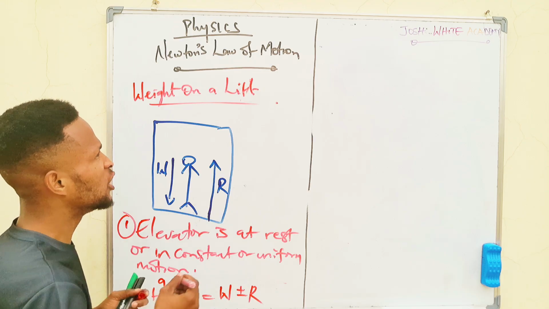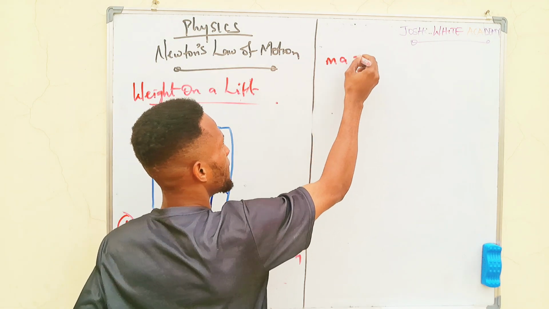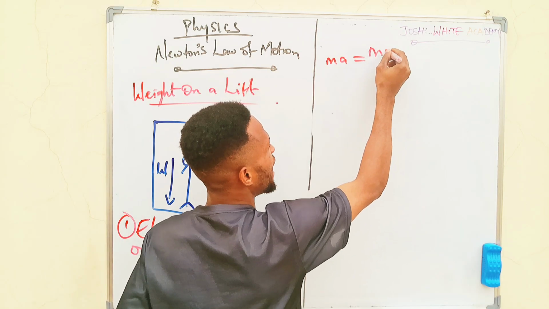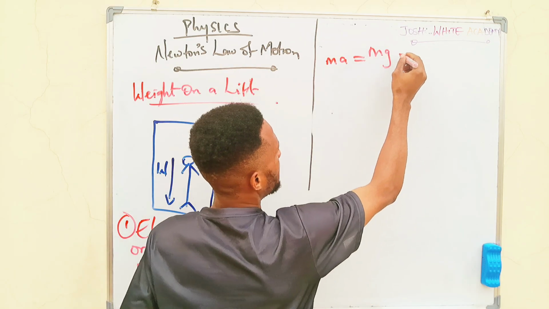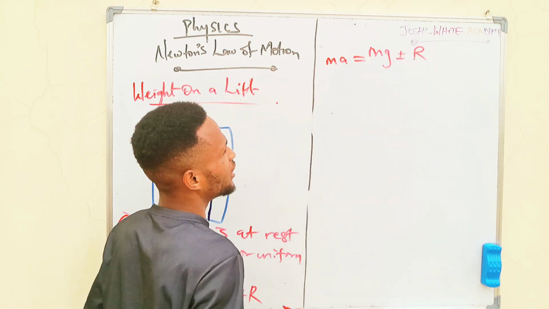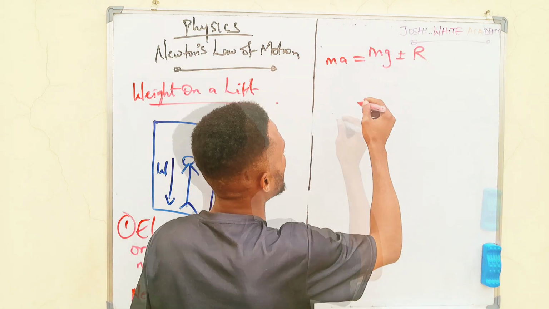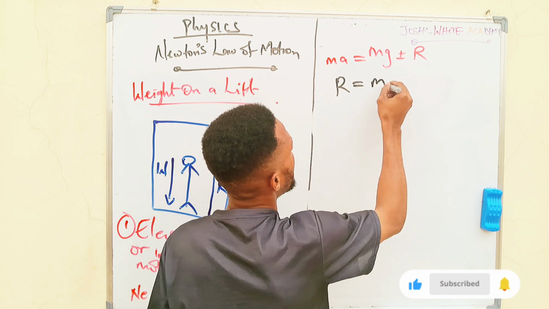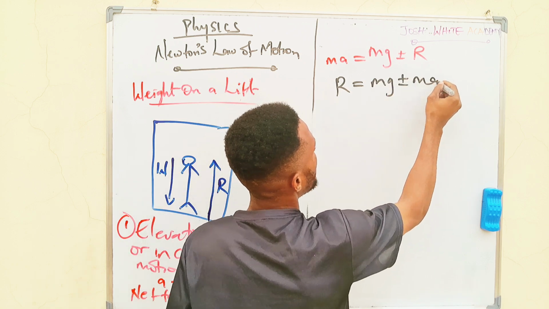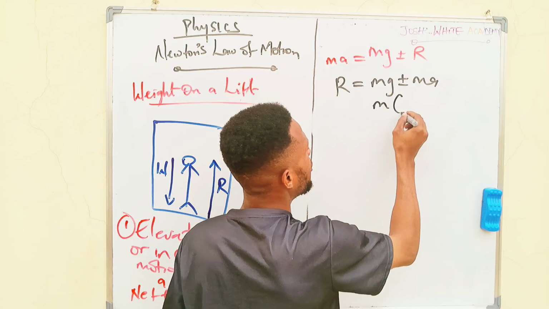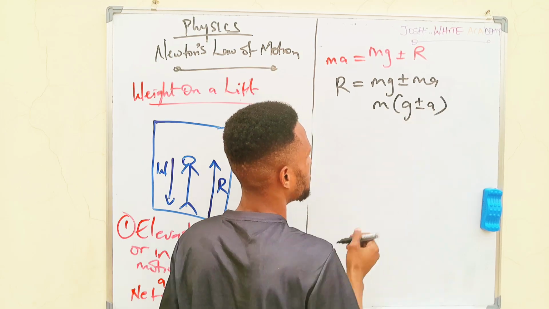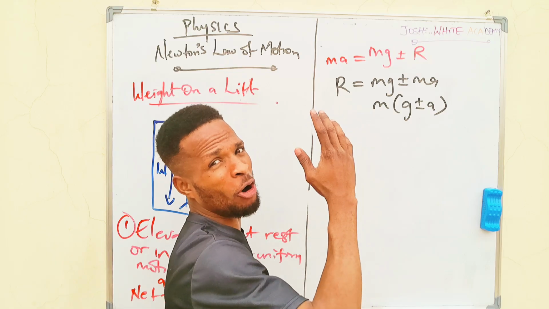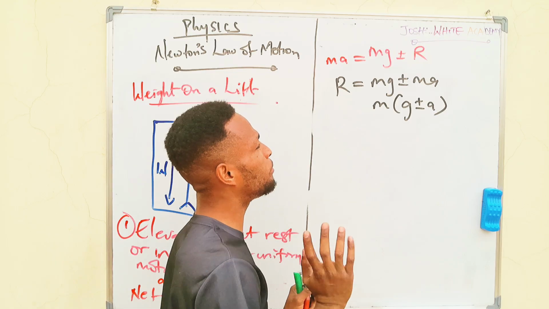So this is our force, which is equal to ma, equal to the weight, which is mg, plus or minus the R. So if we collect like terms, our apparent weight will be equal to mg plus or minus ma. That's m(g plus or minus a). Why I use plus or minus is because the elevator is either moving up or moving down. So it's either plus or minus.